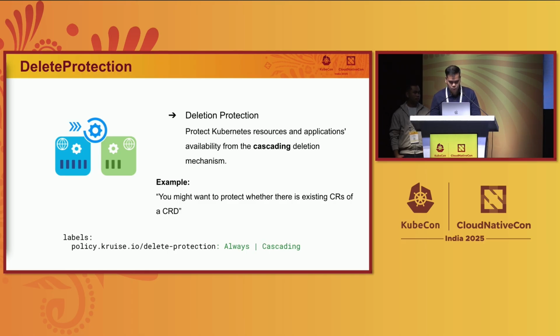So for example, you are creating custom resource definitions, and they are very important, then you just simply add this label, policy.kruise.io/delete-protection. It has two values, Always and Cascading. Always means that the resource will be protected always. However, for Cascading, if your resource has active dependents, then it will not be deleted.